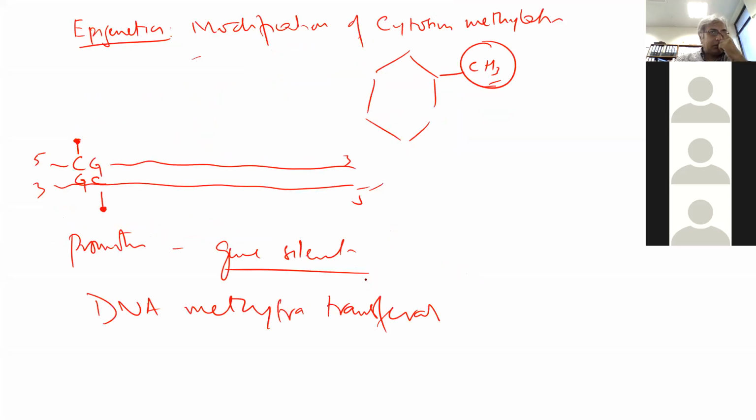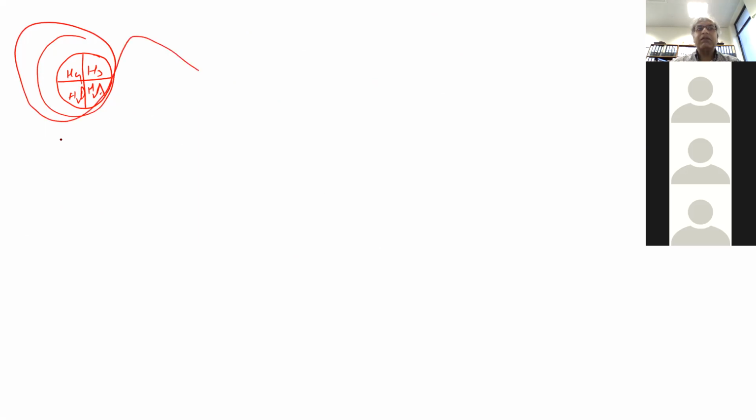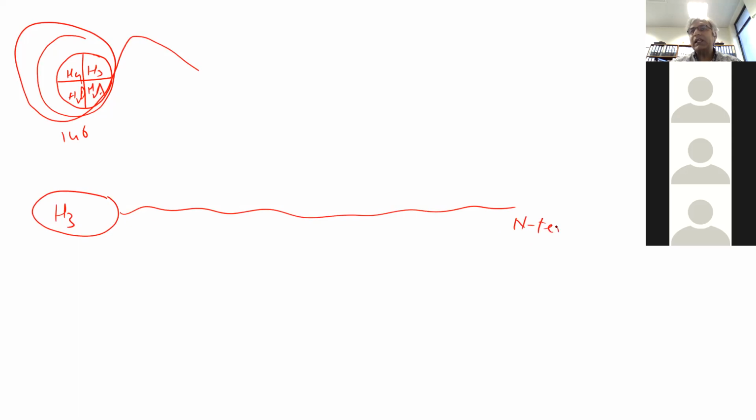However, as we said in the beginning, not only DNA, but the other proteins which package the DNA, the histones, also get chemically modified: H3, H4, H2A, H2B, and we learned that there are 2 rounds of DNA, 146 base pairs. If I try to draw histone H3, these are the N-terminal tails.